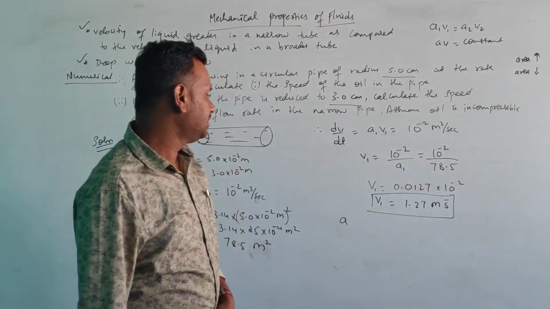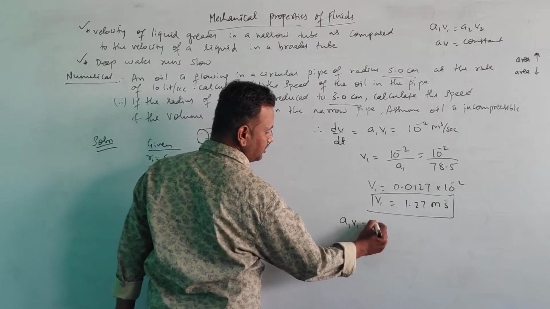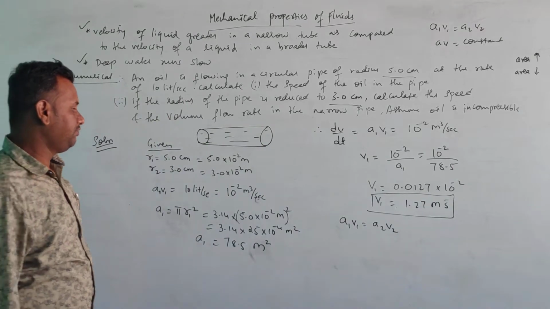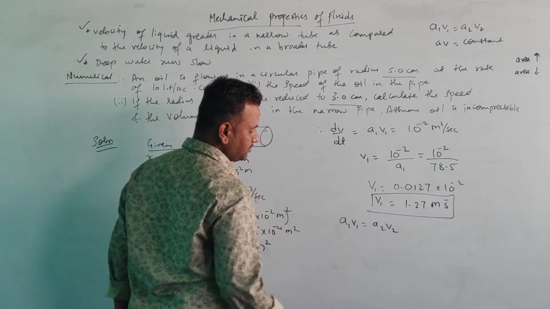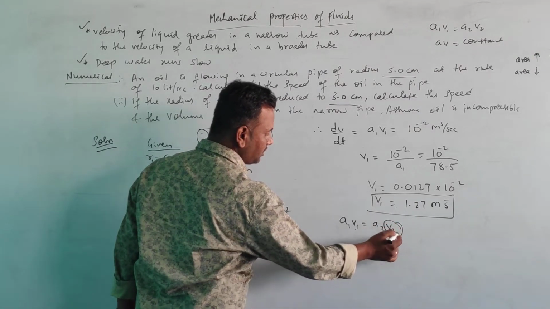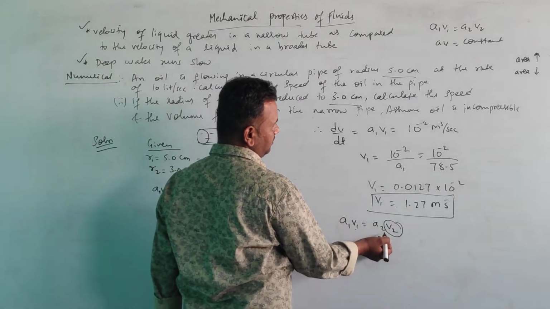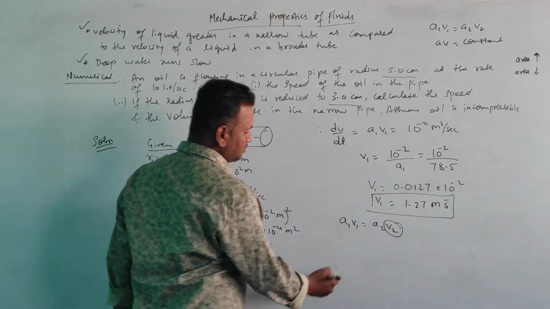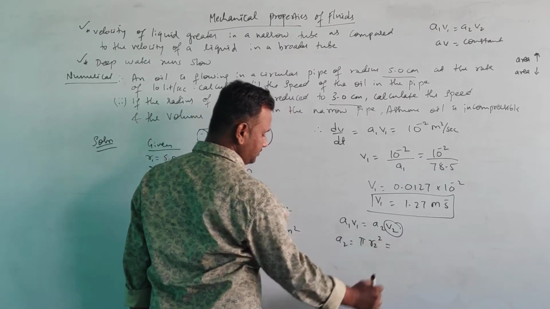So one thing you should remember is that A1 V1 is equal to A2 V2. We know the A1 value, we know the V1 value, we don't know the A2 value. In the second question we have to calculate the V2 value. First we will find the area of cross section for the radius 3.0 centimeter. So A2 is equal to πR2².